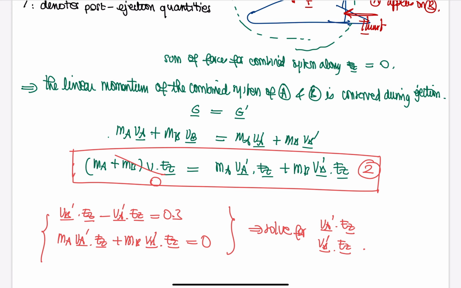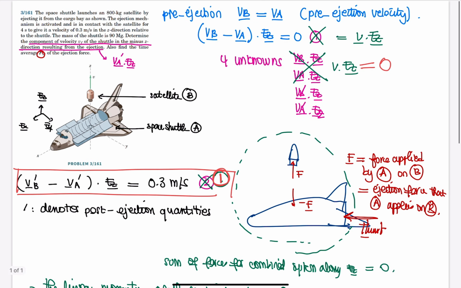There's still one more part of the problem. We need to find the time average of the ejection force, and we're given that the ejection is happening in a period of 4 seconds. The time average of the ejection force, which is this force F acting on the satellite.